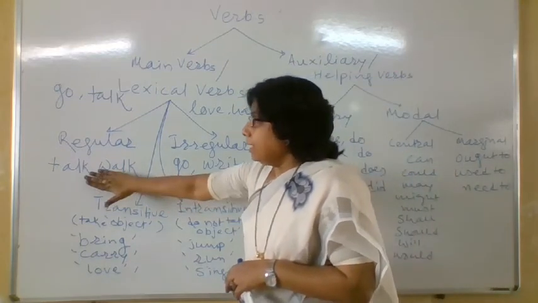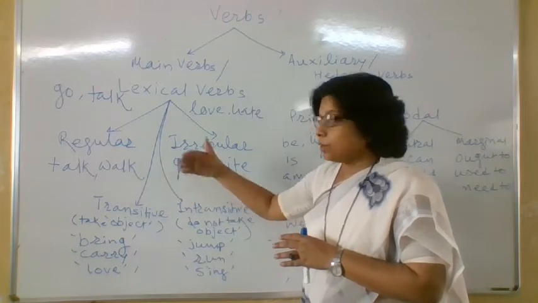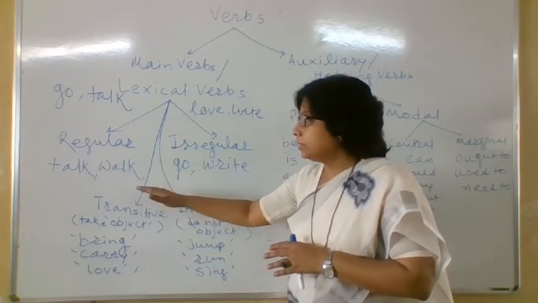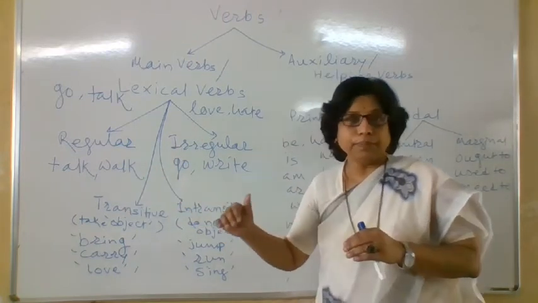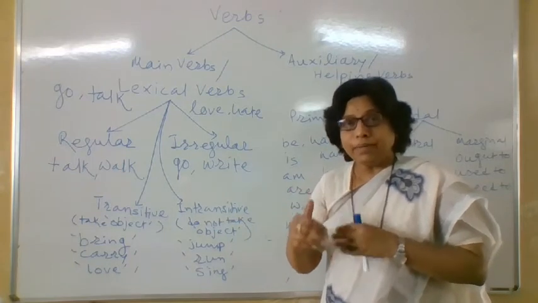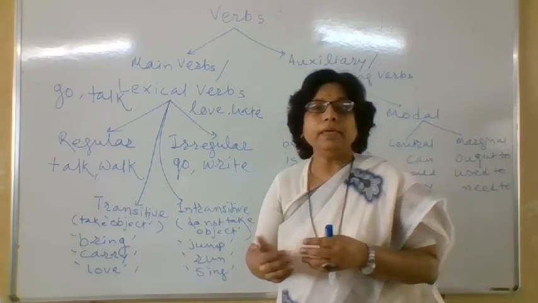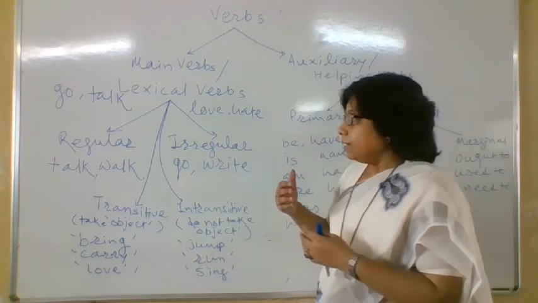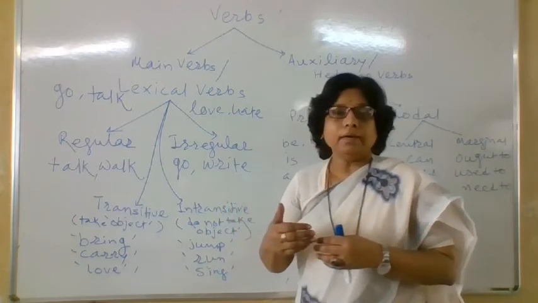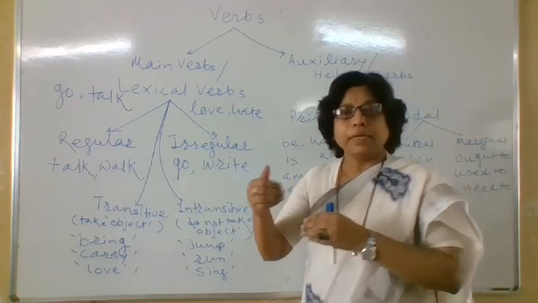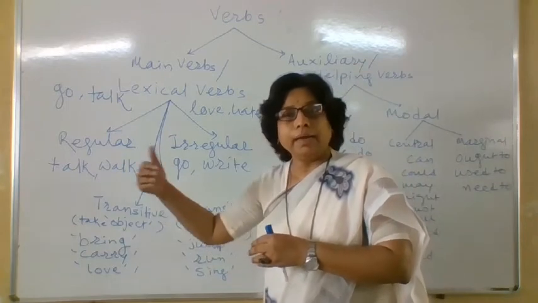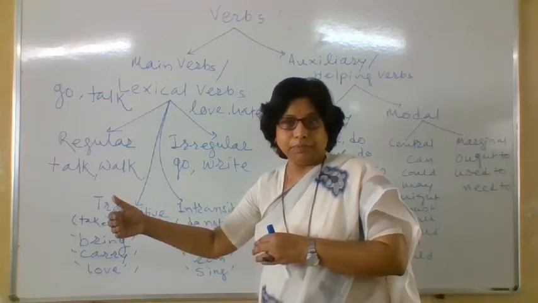So in case of some verbs which are known as the regular verbs, these five forms can be formed by simply adding s or es, ed, ing, and again ed for the past participle form, right?